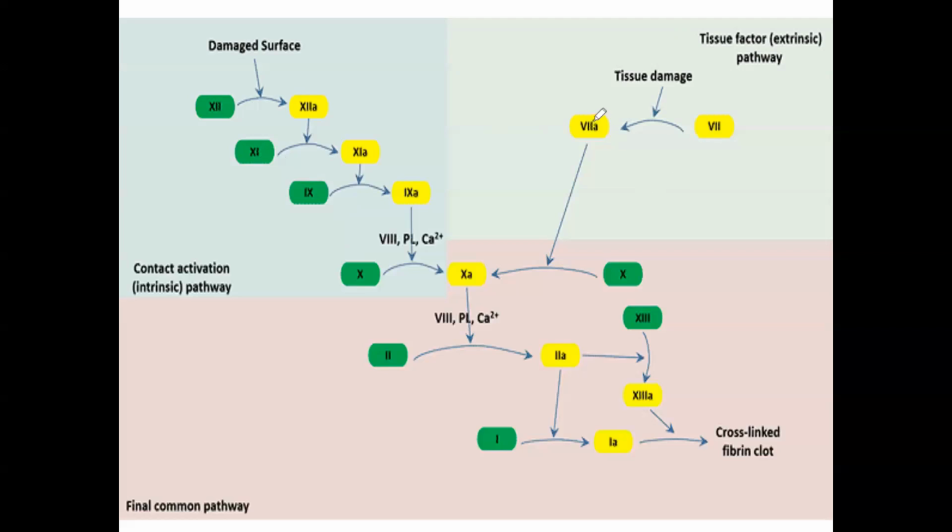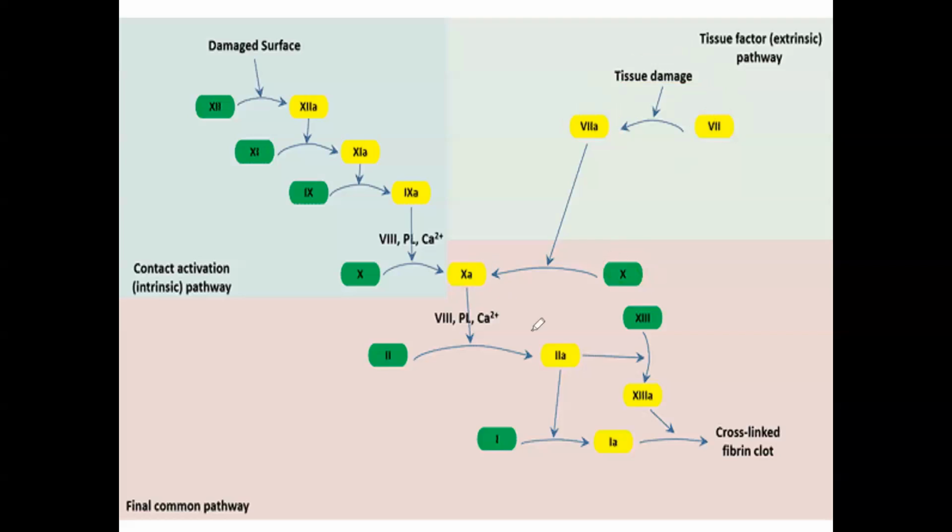So we have here factor 7, can be activated into 7A pag merong triggering factor na nangyari, which is the tissue damage. Pag nagkaroon ka ng blood vessel injury, tissue damage, si factor 7, magiging 7A siya. Then si factor 7A, eventually, i-activate niya si factor 10 para maging 10A.